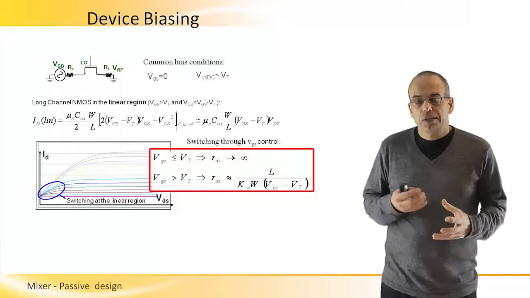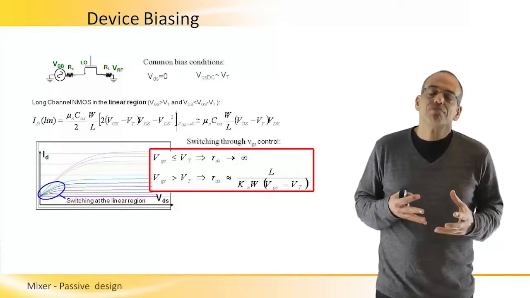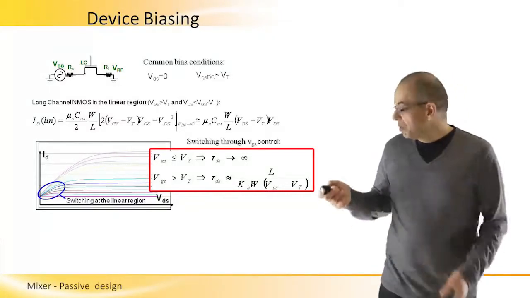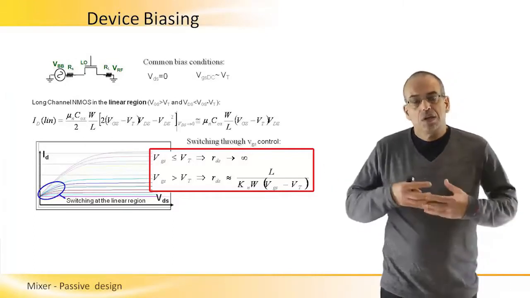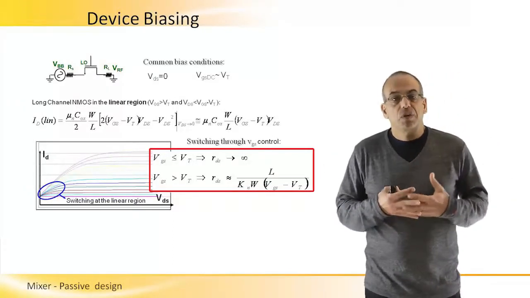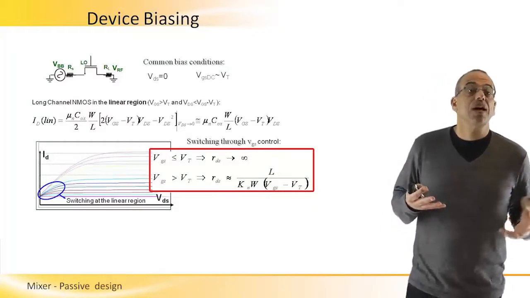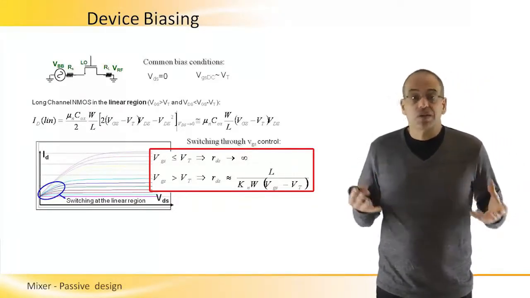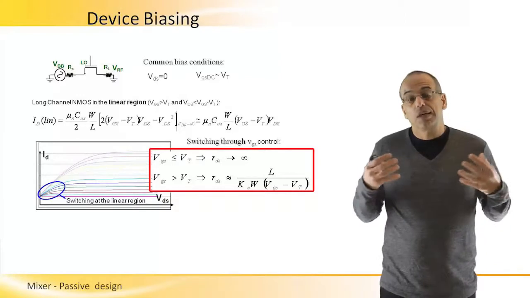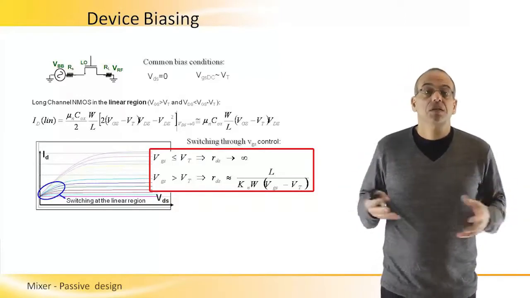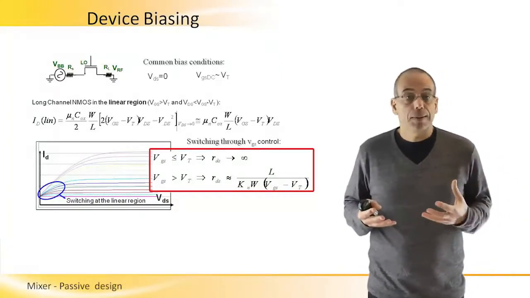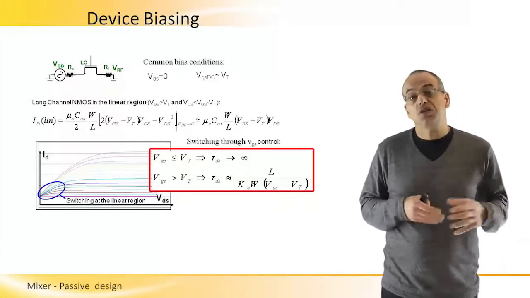It is hard to get to much lower resistances between drain and source, because this would require us to increase the transistor size. And if we increase the transistor size, we introduce higher capacitances, which we already know increase, for example, LO leakage.